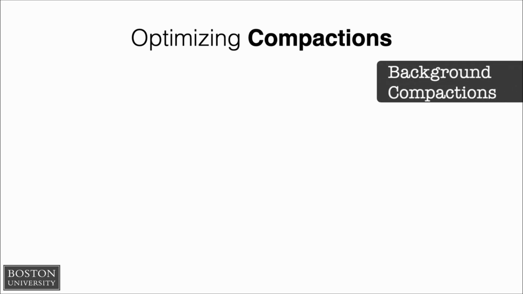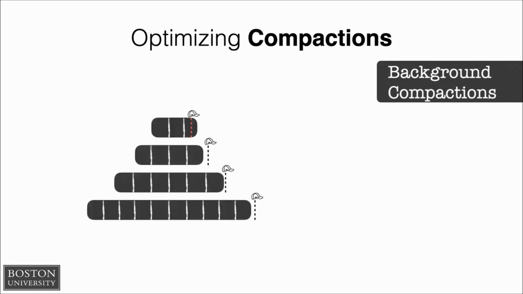Beginning with background compaction. The concept is really simple. In partial compaction, if you remember, when a level is saturated, it will trigger a number of compactions, and this will go through all levels of the tree.